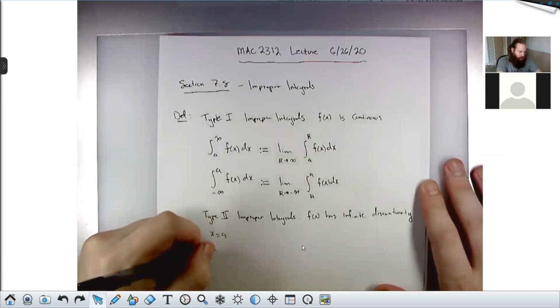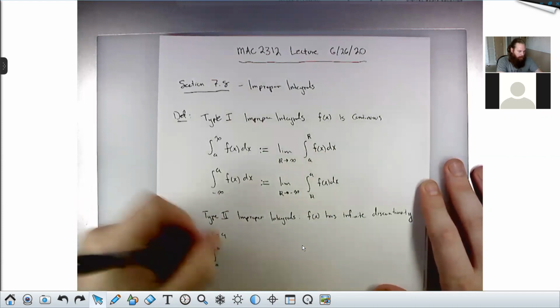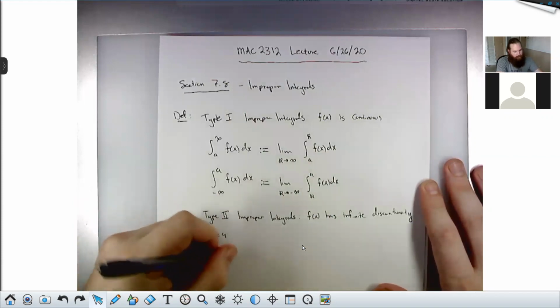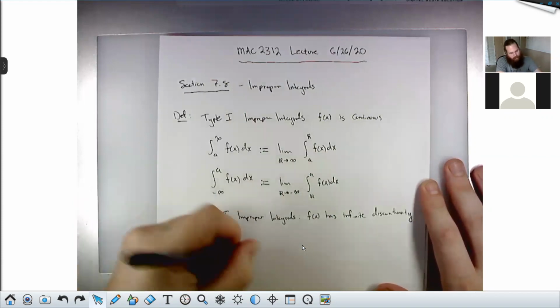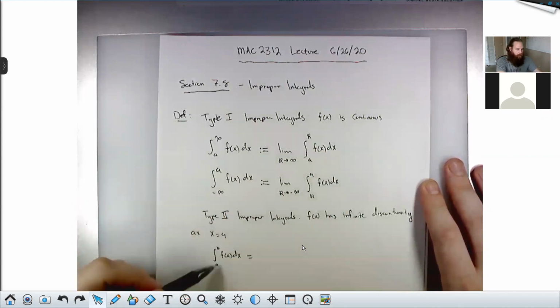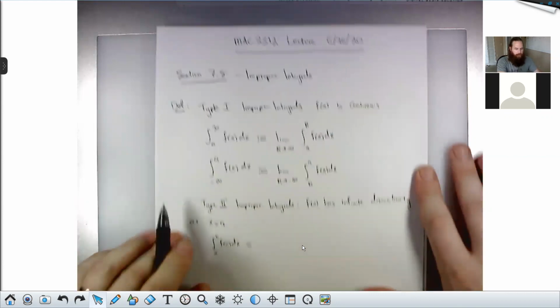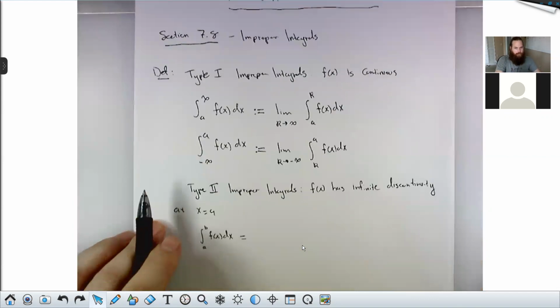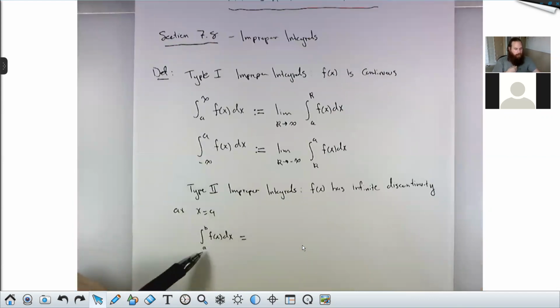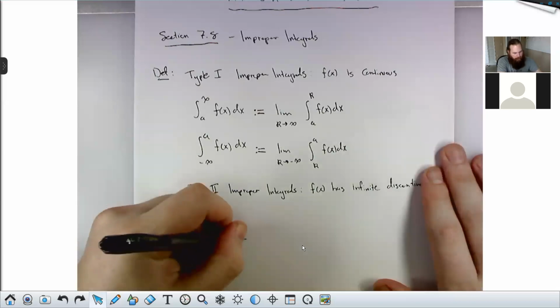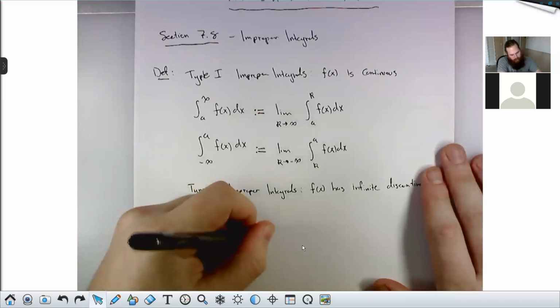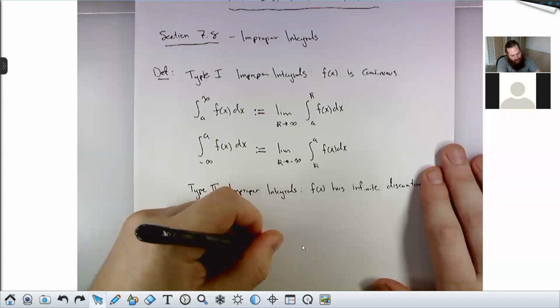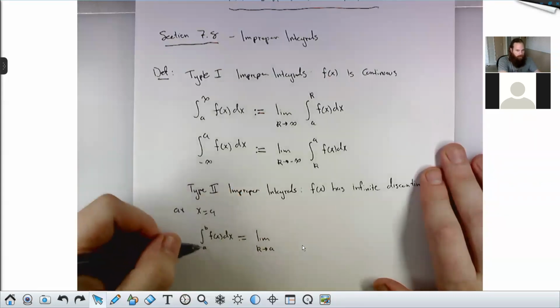And so those are integrals like from a to b of f of x dx. And here f has like a vertical asymptote at a. So we need to sneak up on that vertical asymptote. So this would be the limit as r approaches a from the right.